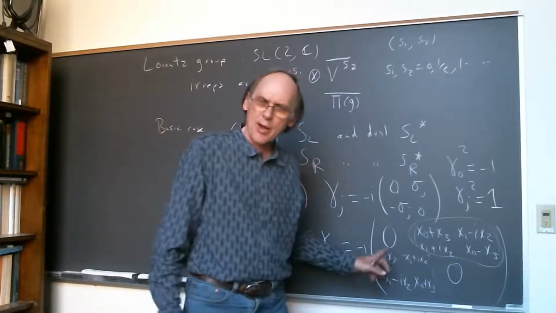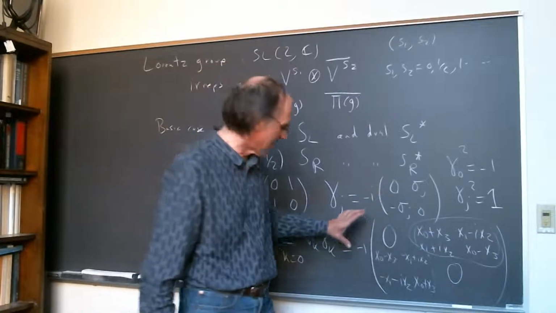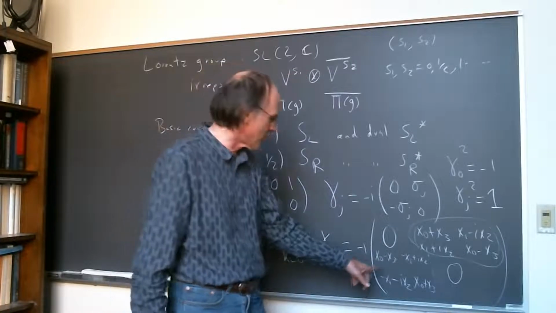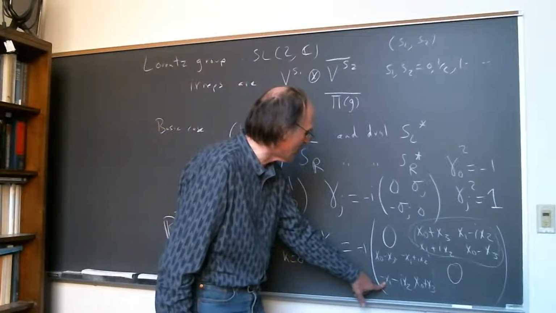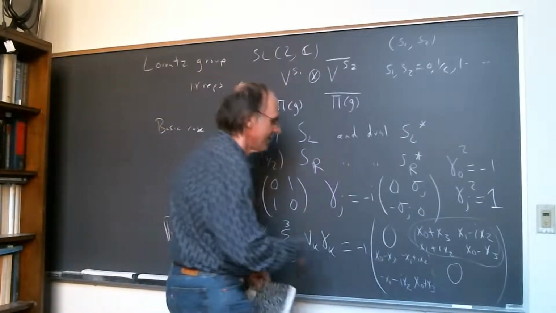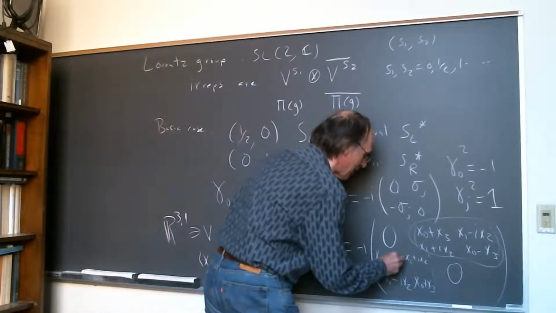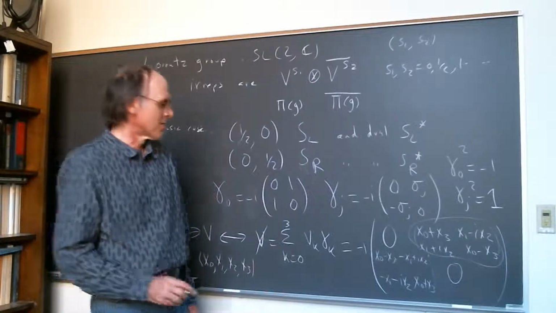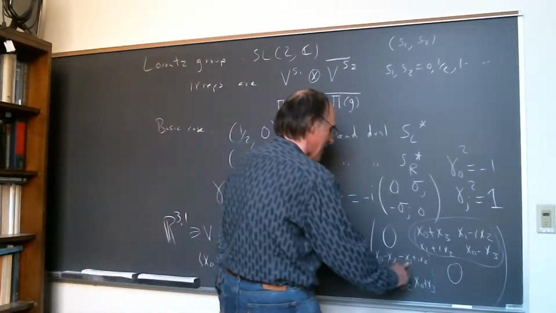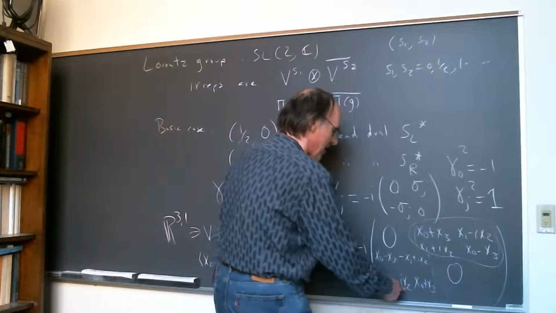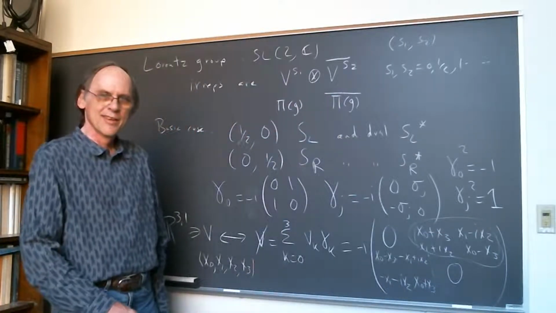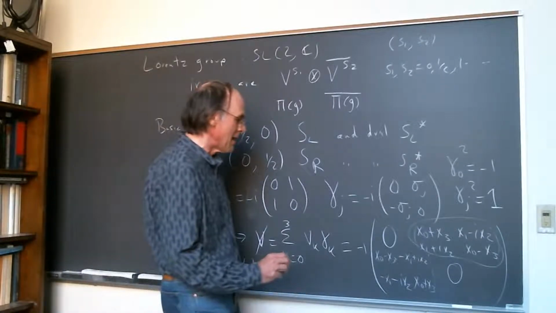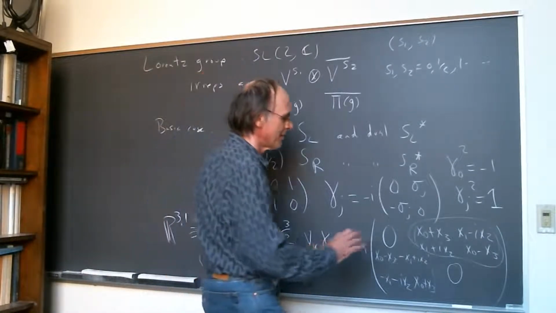There must be some mistake here, but I thought I did exactly that. Maybe my writing is not readable. So this is minus x1 plus ix2 and minus x1 minus ix2. Is that right? Sorry, it may be my writing, may be a mistake.